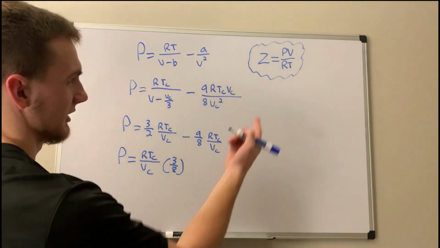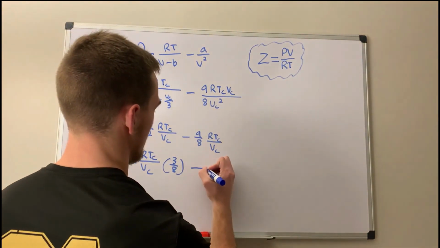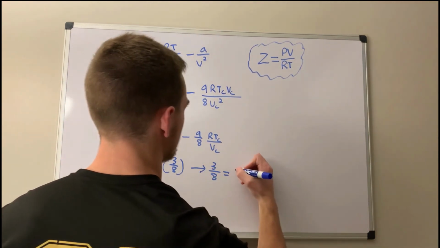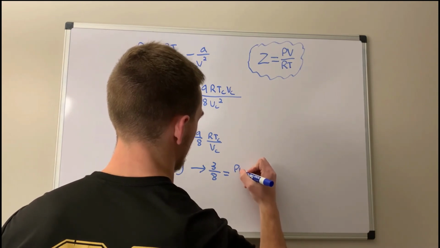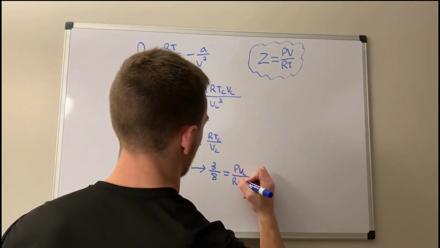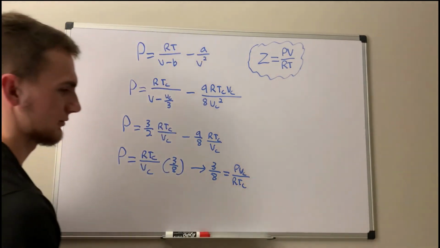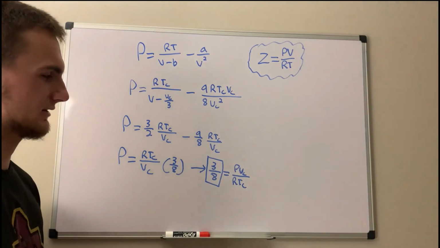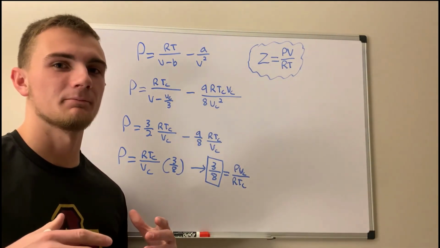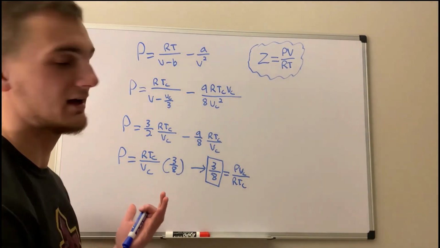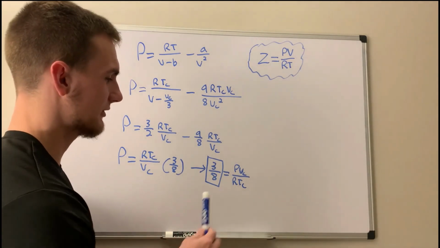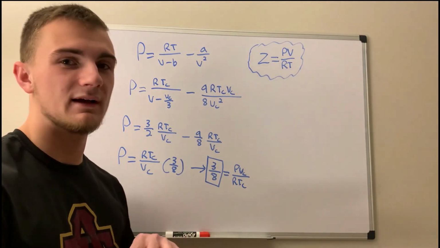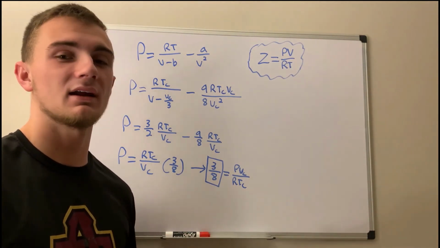So if we solve in terms of PV equal RT, we'll see that 3/8 equals PVC over RTC. So what we're saying here is that the compressibility factor for any substance in a non-ideal gas state is 3/8. Now that's pretty cool. We can apply this compressibility factor to any substance in a non-ideal gas state.